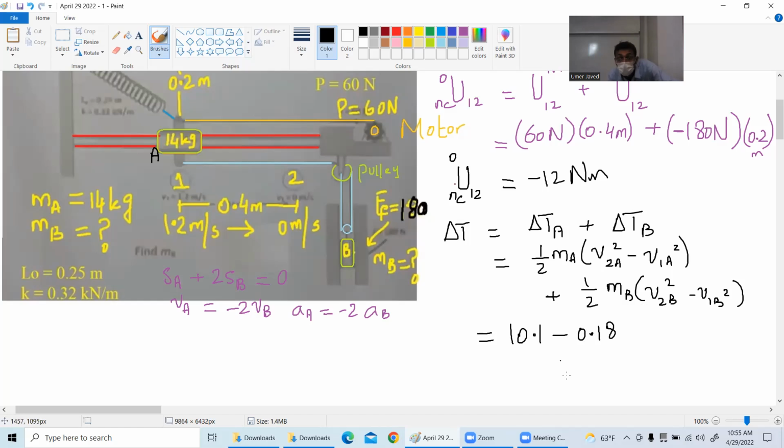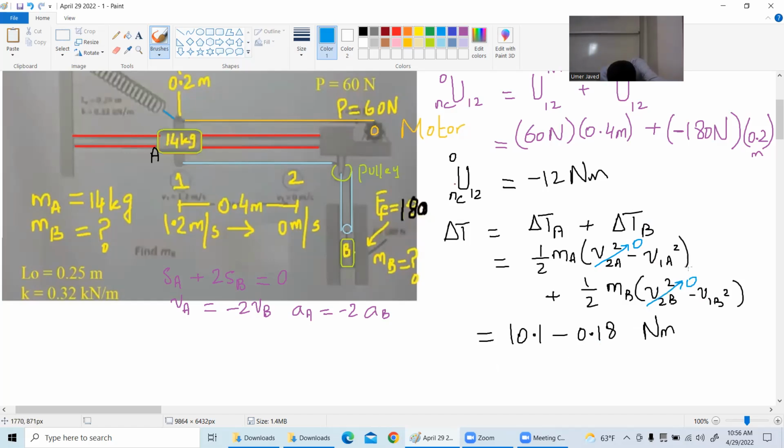Okay. So which is equal to whatever it is. Again, Newton meter. How did I do it? I substituted V2A as 0, I suppose. And I substituted V2B as 0.